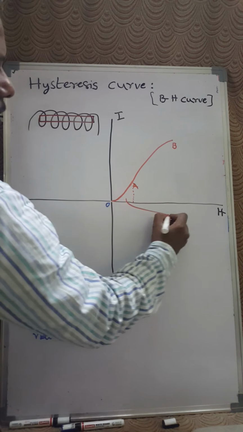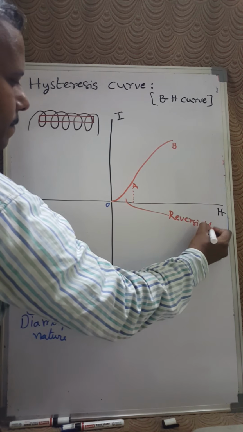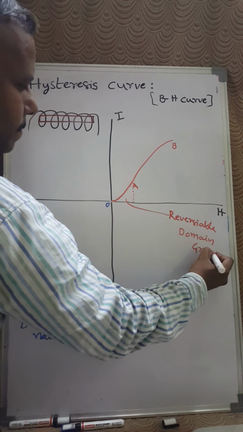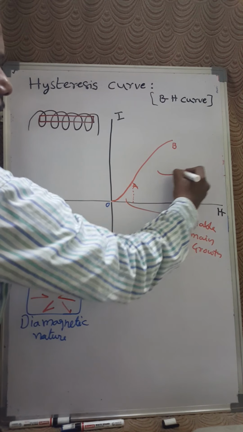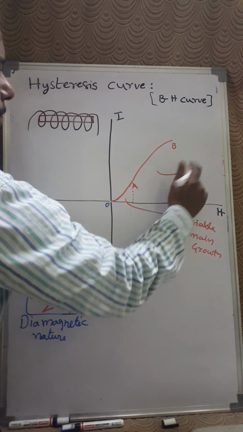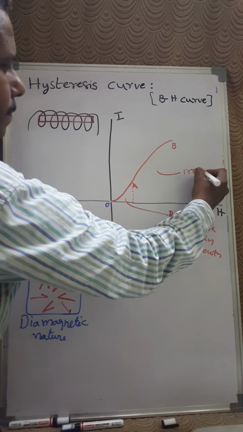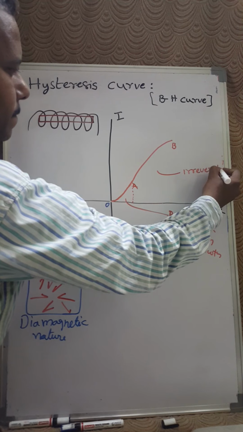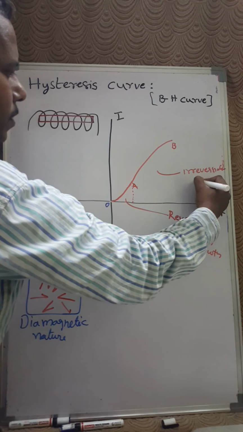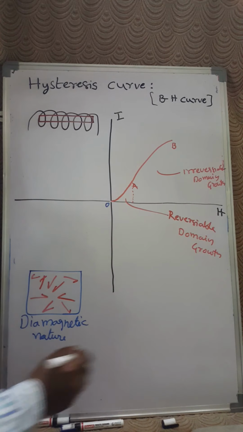So this process is called reversible domain growth, and this part is irreversible domain growth, right?